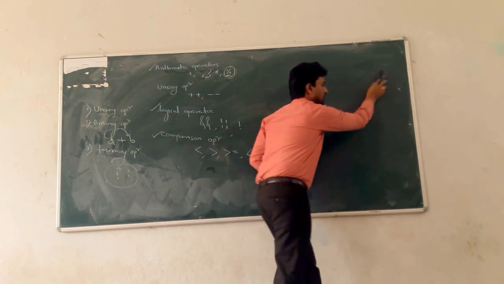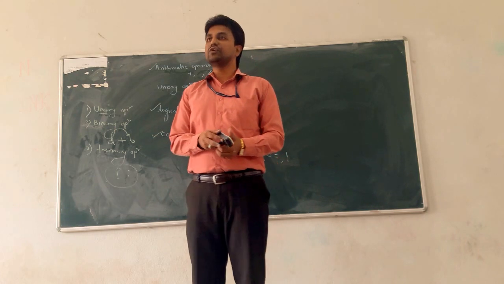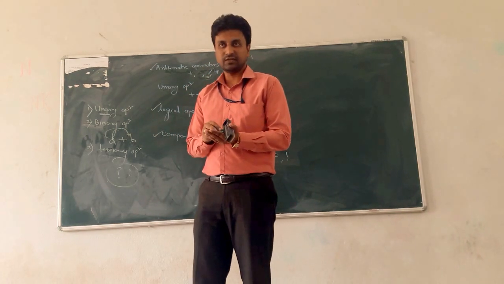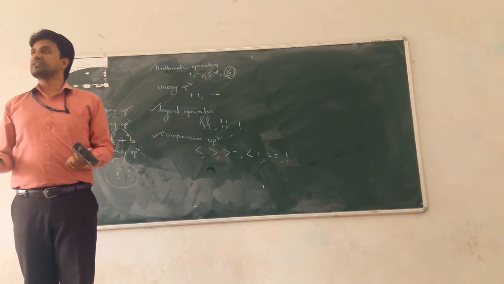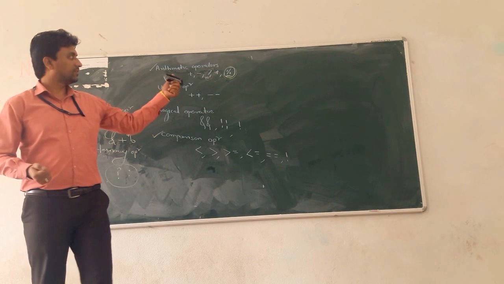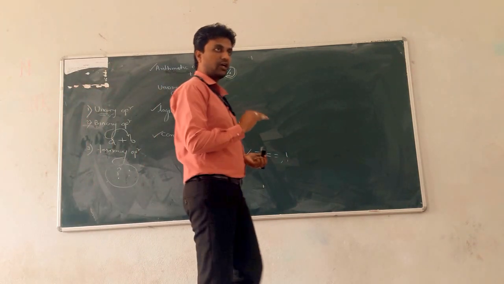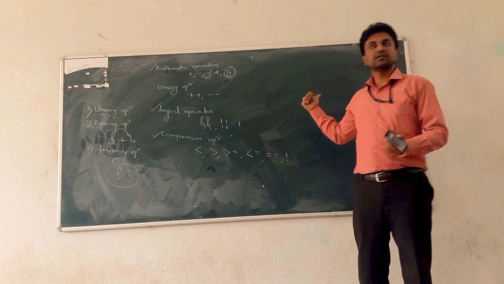So, first, what is the output of this program? Take any two integer values from the user at the runtime, that is, the user enters some values, not statically. Statically means we already assign the values to the variable prior, at the time of compilation, that is called compile time.